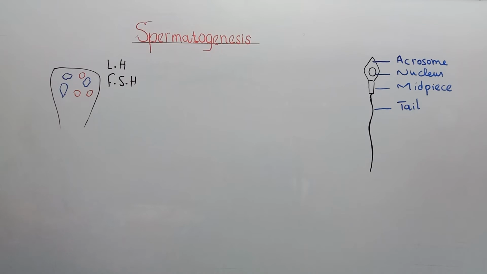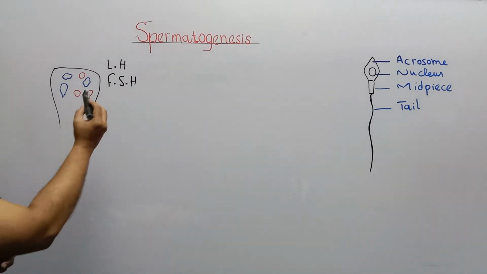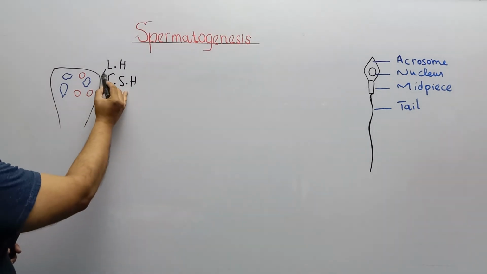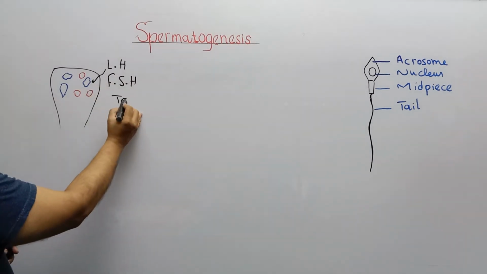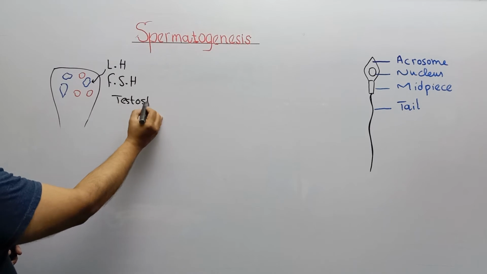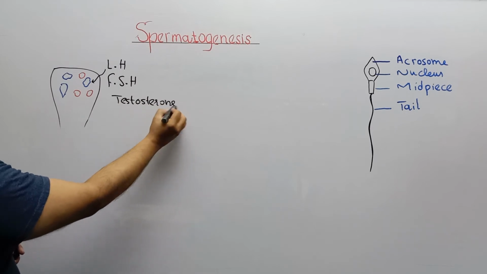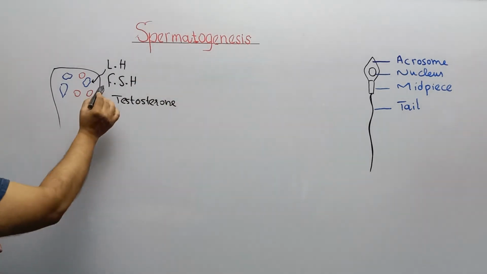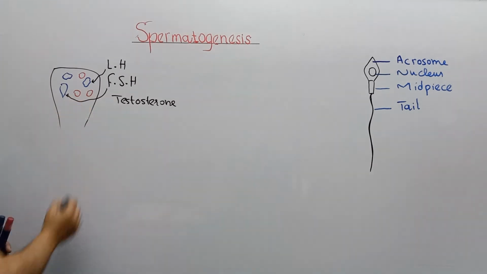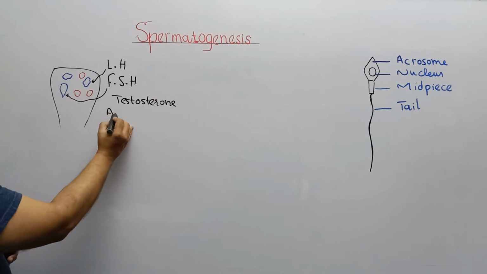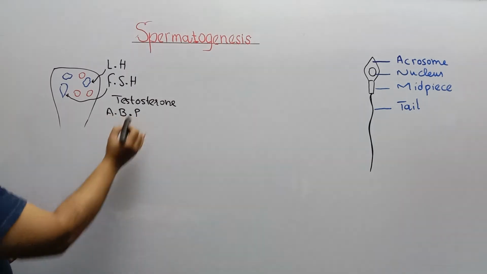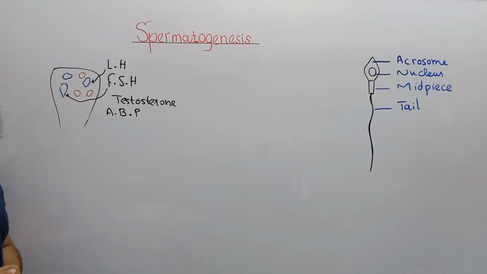Luteinizing hormone has a direct effect on the Leydig cells and they start producing testosterone, the male hormone, and follicle stimulating hormone affects the Sertoli cells and they start secreting a protein, ABP, androgen binding protein.